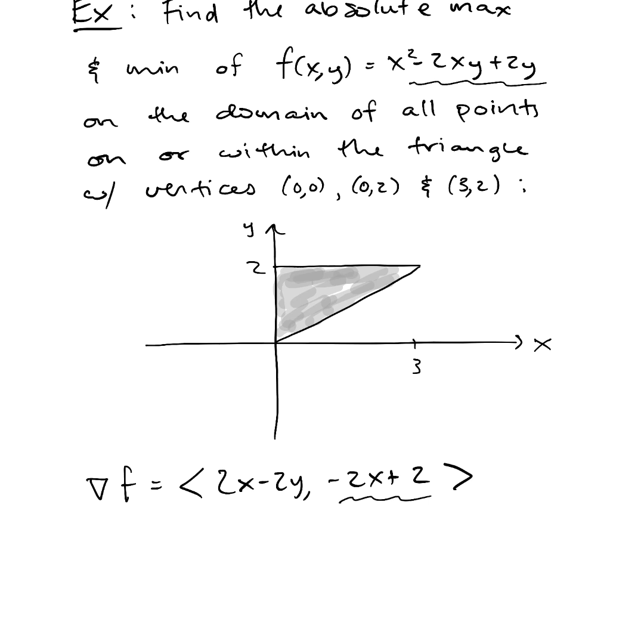on account of that piece of the gradient coming out 0, this implies that x is equal to 1, and once x is equal to 1, if the first entry is 0, y has to be 1 also. So summarizing, the gradient of f comes out to 0 only at the point 1, 1, which is in our region and is about right here.